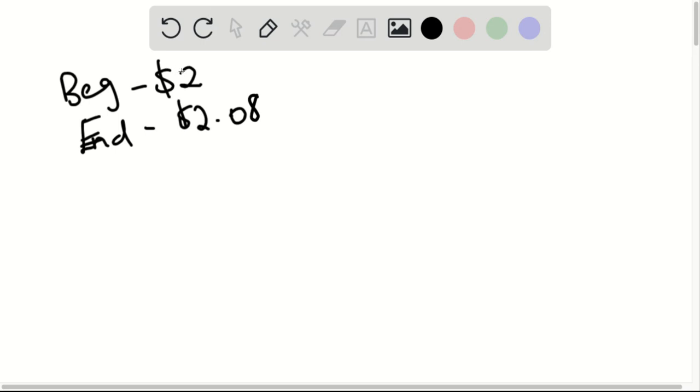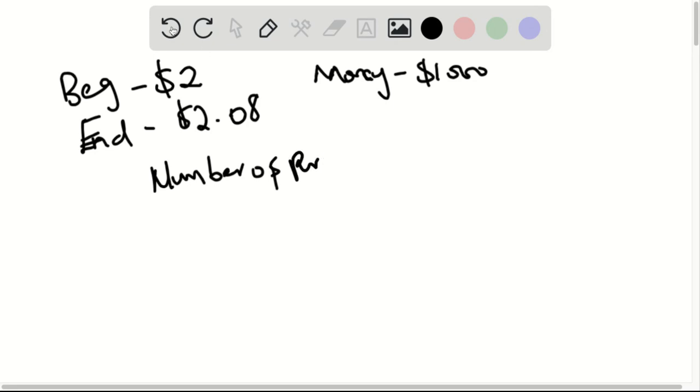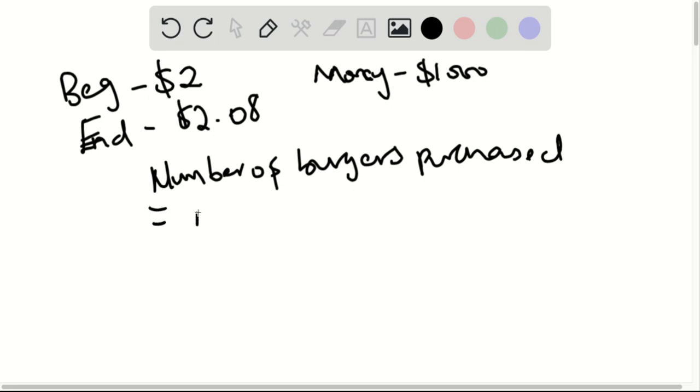First of all, we need to know that the money at the beginning is $1,000, and this is the price at the beginning, and therefore the number of burgers purchased will be equal to the money at the beginning divided by the price of hamburger at the beginning.